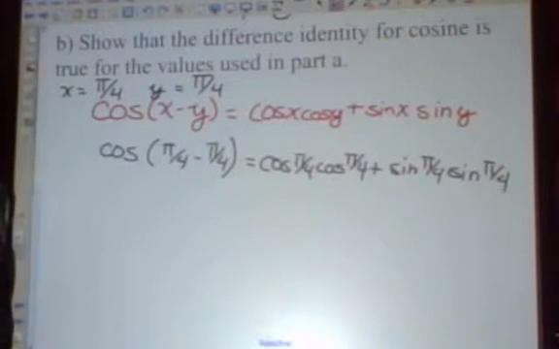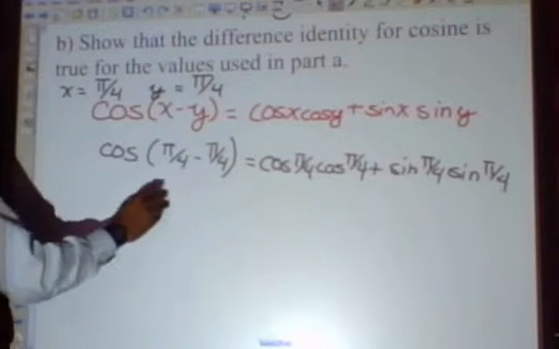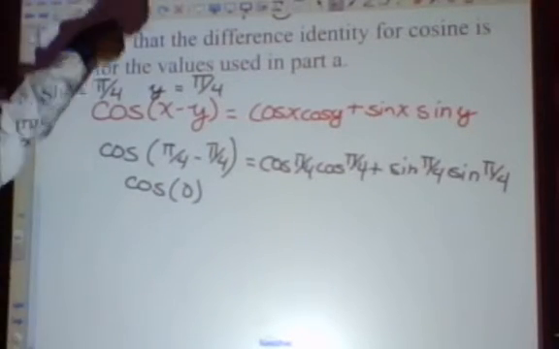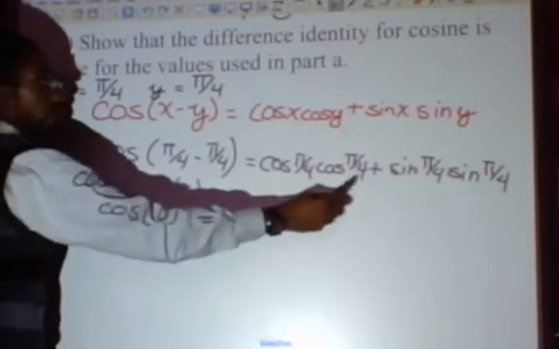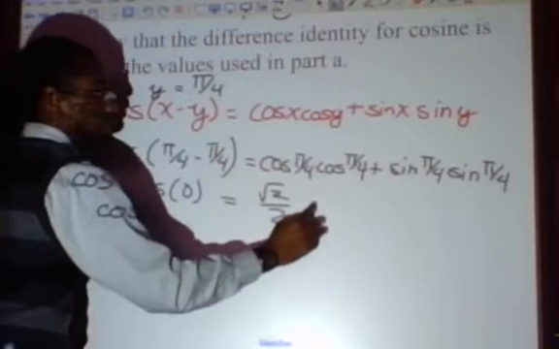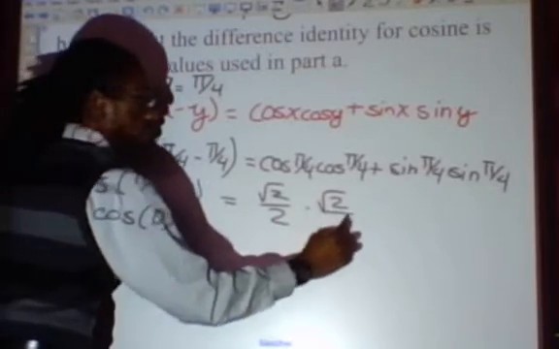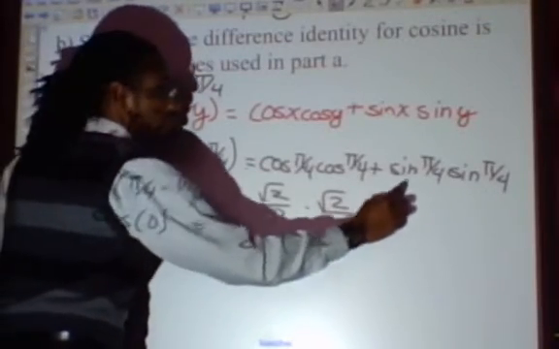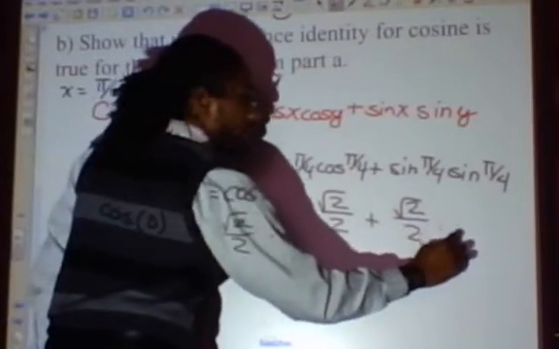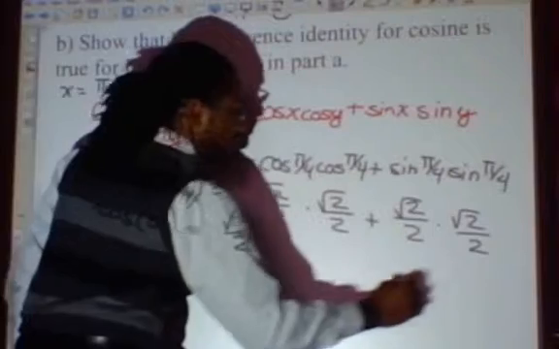So let's go ahead and work this out and finish it up. Here we have cosine, once again, of 0, which we did above in part A. For these, we have square root of 2 over 2 times square root of 2 over 2, plus square root of 2 over 2 for sine pi over 4 times square root of 2 over 2 for sine pi over 4 again.